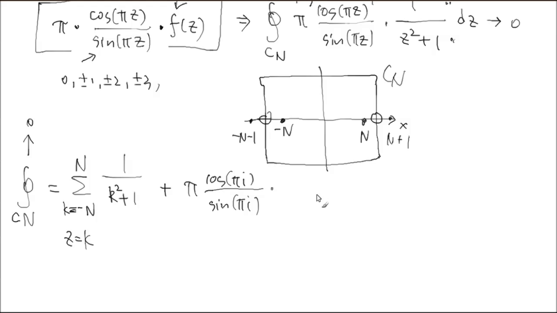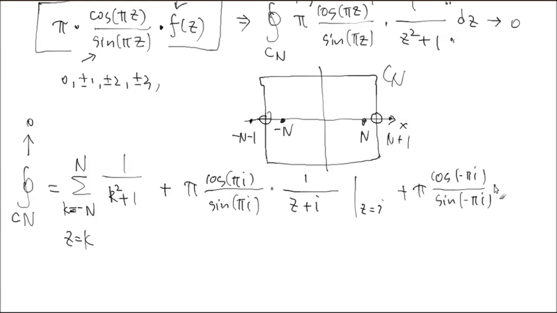So we did that before. It turns out z plus i, where z is positive i, z minus i is cancelled, it's a simple pole, right? And the other one, pi cosine, this time it's negative i, so isn't that a negative pi i there? Sine negative pi i. This time z plus i is multiplied, so z minus i survives, and you plug in z equals negative i.